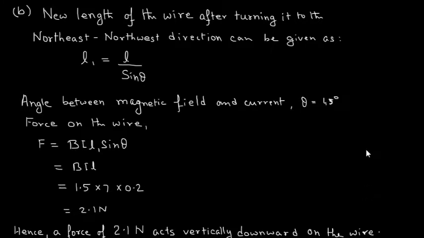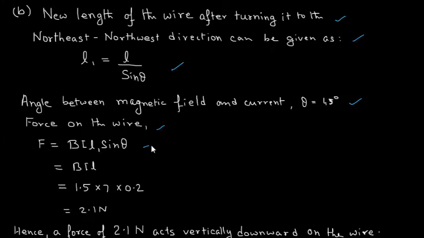New length of the wire after turning it to the northeast and northwest direction can be given as L1 is equal to L sine theta. Angle between the magnetic field and the current theta is equal to 45 degree. Force on the wire is F is equal to BIL sine theta.